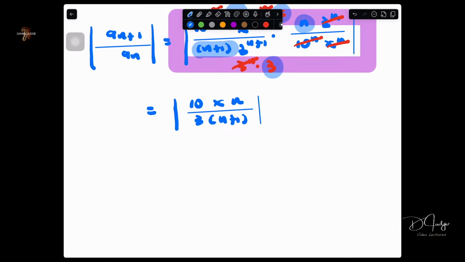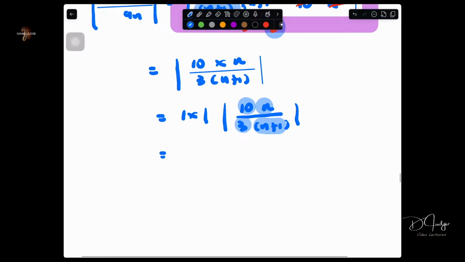So again now, by properties of absolute values, by the product rule we've seen prior, I can pull out or simply separate my x, but I have to use the absolute value here. These terms are all nice and positive. So you're going to get the absolute value of x times 10n over 3 times n plus 1.